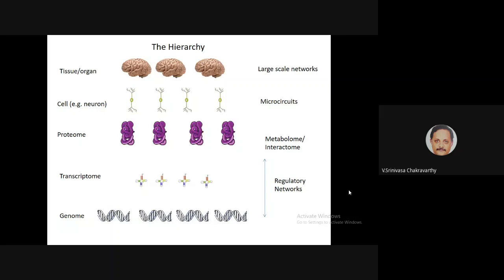So if you look at this whole hierarchy that we have discussed, at the lowest level you have the genome and the gene-related data. Next you have transcriptome. Next you have proteome, and then you have cells, then cell networks, then tissues and organ, etc. And if you're looking at brain, you have one more level of complexity, which is the behavior.